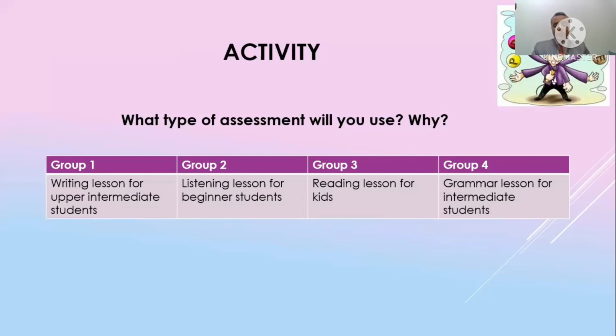If you are doing a reading lesson for kids, and if you are doing a grammar lesson for intermediate students, choose any question you would like to participate in and tell me which one you are going to use: peer feedback, portfolio, self-record keeping, or presentation or performance-based. Now you have a minute to think. Choose any question about these skills and tell me.